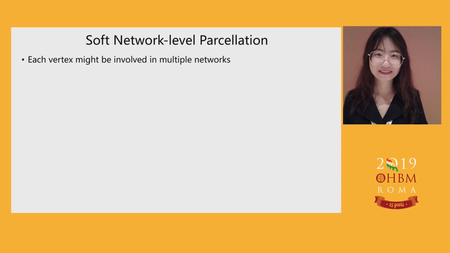Now let's talk about the soft network level parcellation. In the soft network level parcellation, each vertex can be involved in multiple networks. Spatial ICA is one of the most popular approaches that people can use to estimate soft network level parcellations.